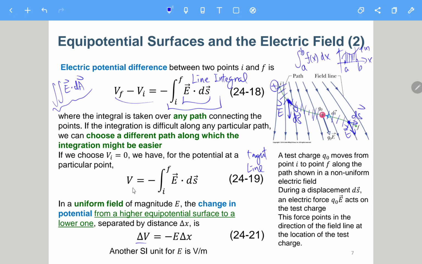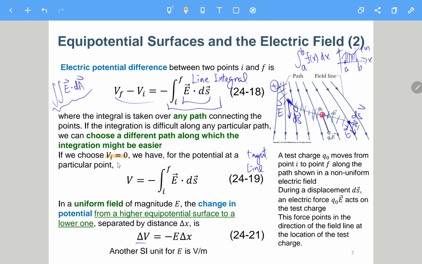V is just like delta V, or sometimes we can just choose Vi to be 0, because only the relative value is important. I mean, only the potential difference is important. The absolute value is not very important. So usually we only consider the potential difference.